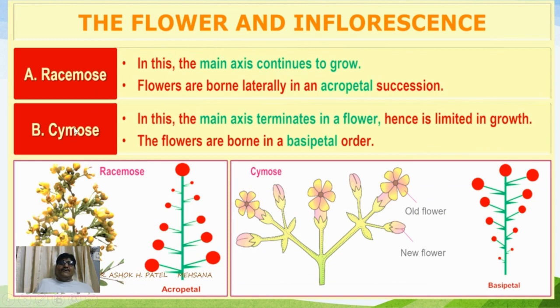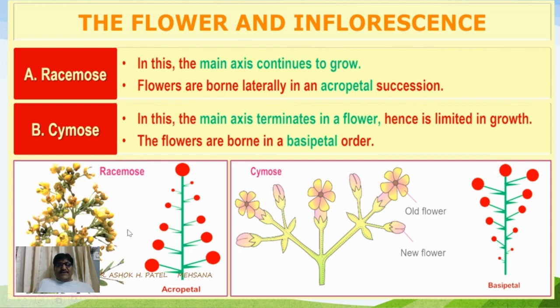Number one is called the racemose, another is called the cymose. In racemose, the main axis continuously grows, and the apical bud is never modified into a flower. It is called the racemose type of inflorescence.